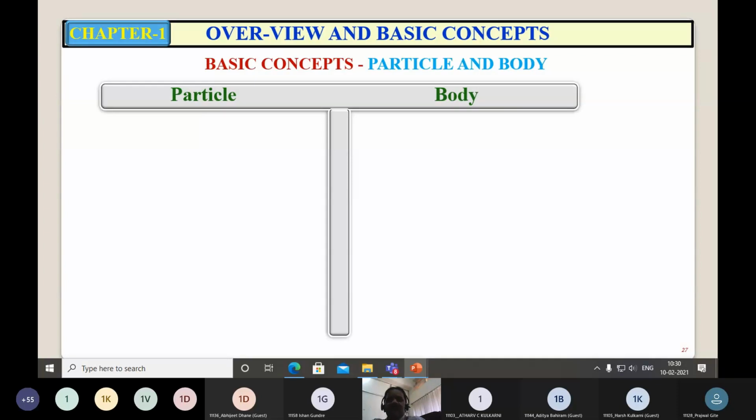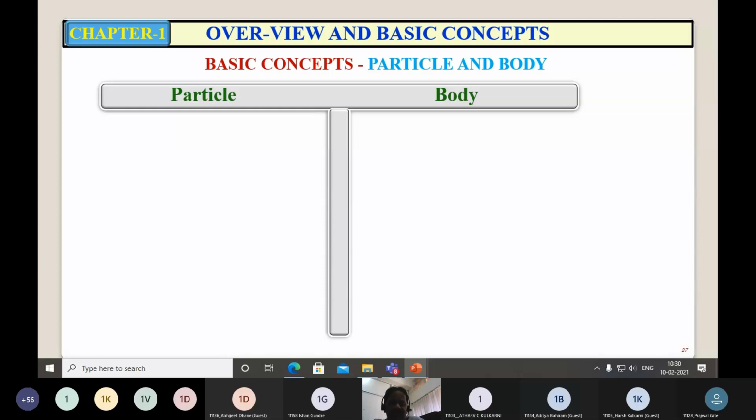The concept of a particle is very similar to that of a point in geometry. A point has location but no dimensions, and a particle possesses mass but no dimensions. Simply, a particle is nothing but a concentrated mass, whereas in a body, the matter is limited in all directions.